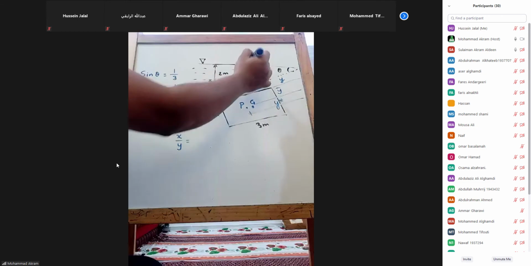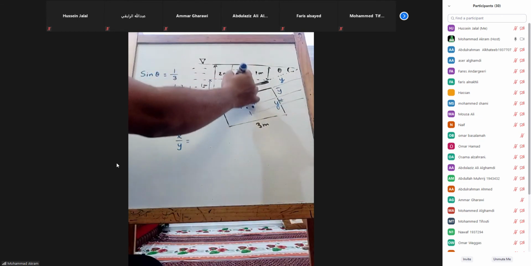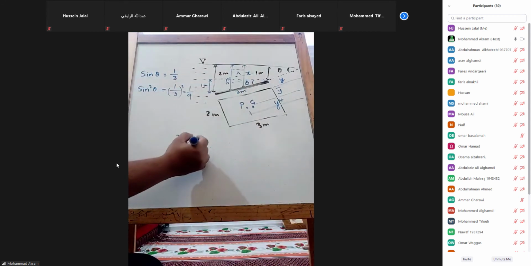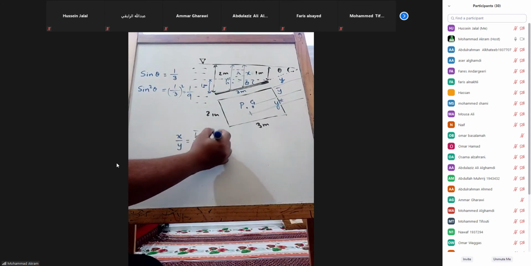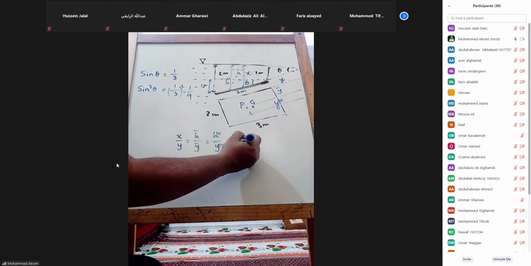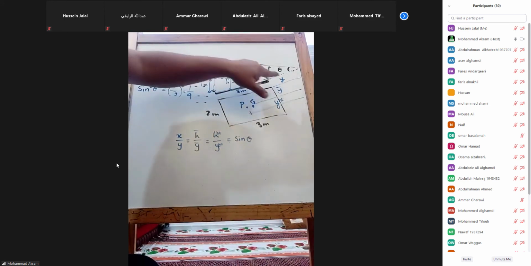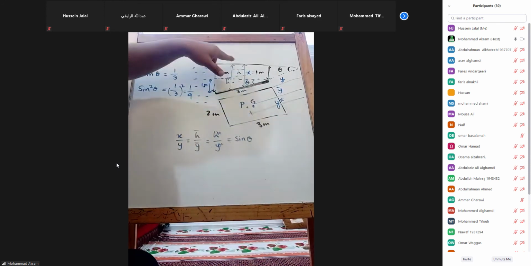This is H bar and this one is H star. H bar over Y bar is equal to H star over Y star equals sine theta. X opposite divided by hypotenuse, opposite divided by hypotenuse.